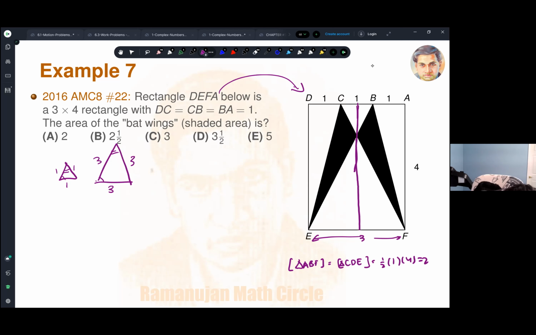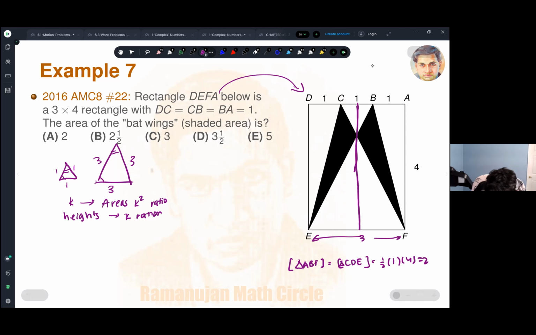The properties are that if the common ratio is k, then the areas are in k squared ratio.